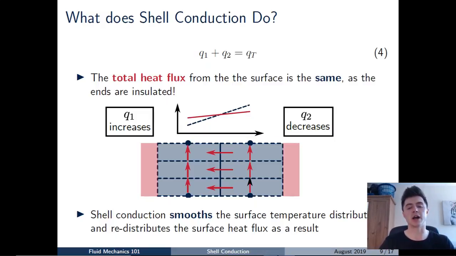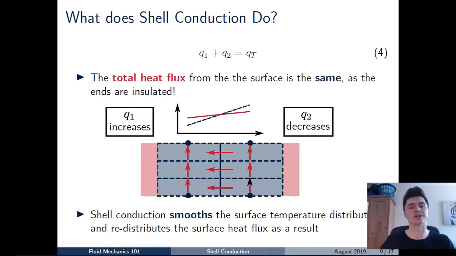And what that means, if we now think of the heat given off the surface, we see that the heat given off the right cell is reduced and the heat given off the left cell is increased. However, because the ends of these shell conduction elements are insulated, the total heat flux removed from the surface is the same.